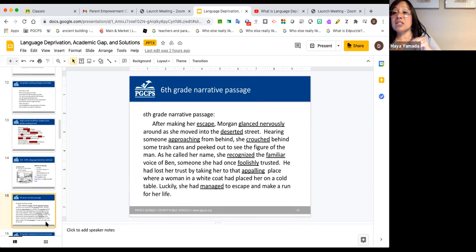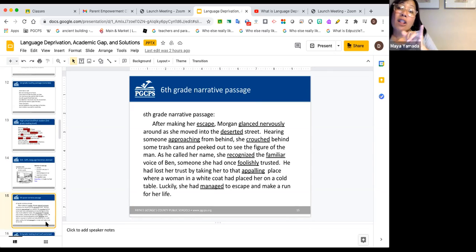So this high school student is still reading at a 3rd grade level and is given a 6th grade passage. The vocabulary that I've underlined, they're not going to know. Why? Because in 3rd grade, they didn't have the 3rd grade vocabulary. So the 6th grade vocabulary is going to be even more difficult.